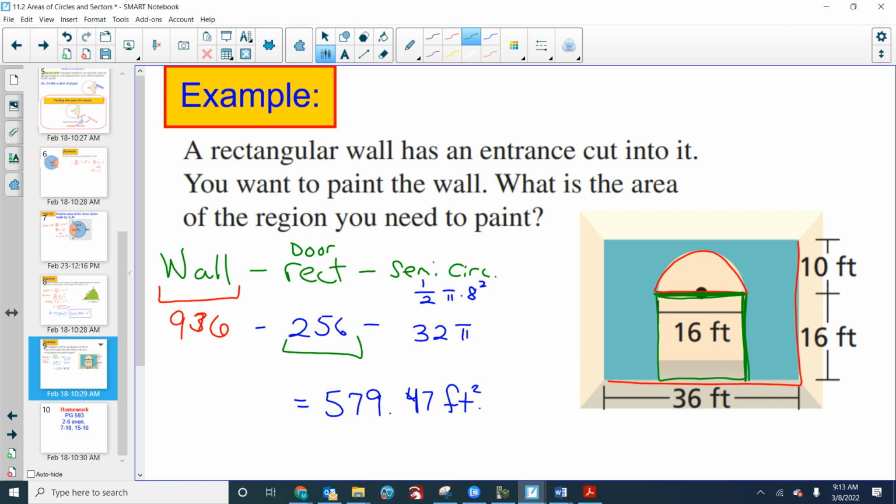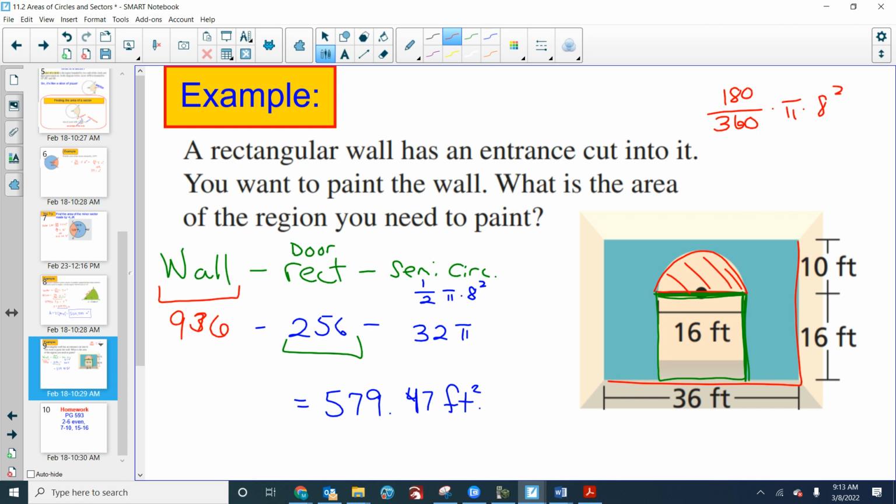Then we have to do this semicircle. Now, could you call that a sector? Isn't that a sector of a circle? The area is 180 over 360 times pi times, what's the radius? 8 squared.